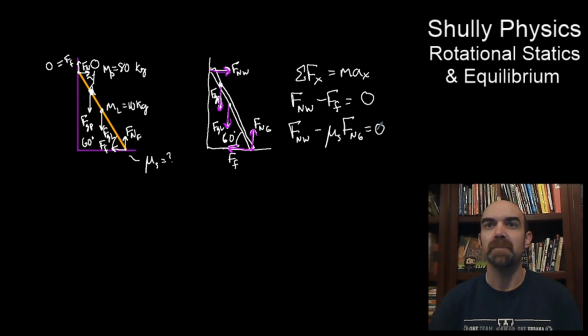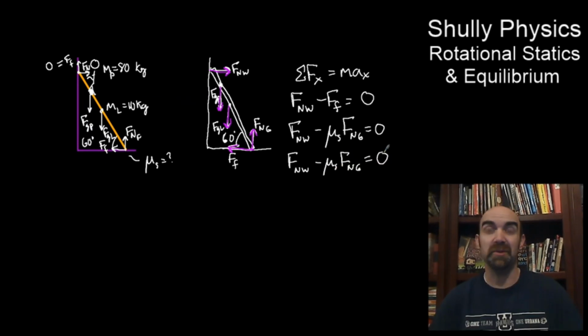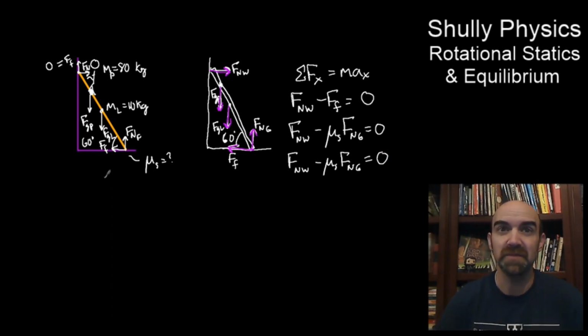Okay. So far we can't solve it yet. We've got the normal force from the wall minus mu s times normal force from the ground. We have no idea what all three of those are. We got 3 unknowns there. And that might be a little clue to you that we're going to need 3 equations. So let's see. What about the y direction?